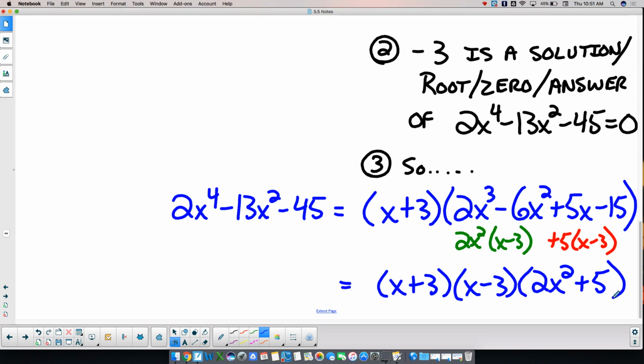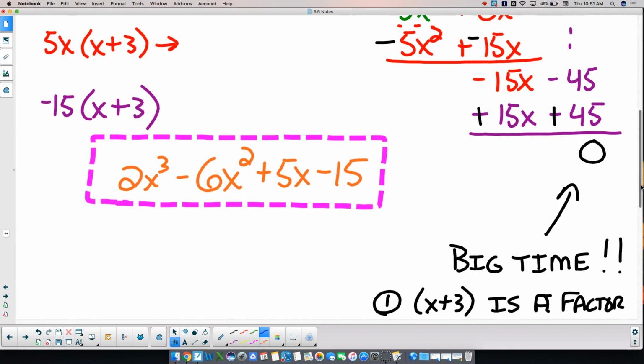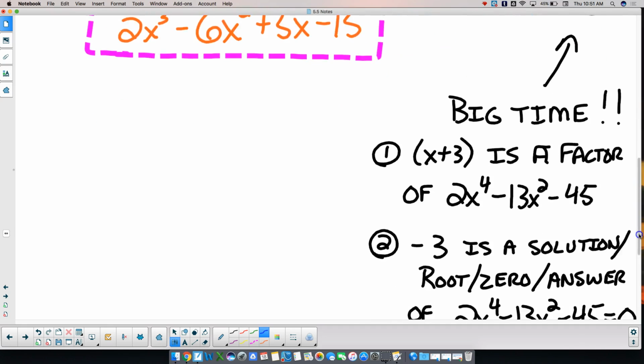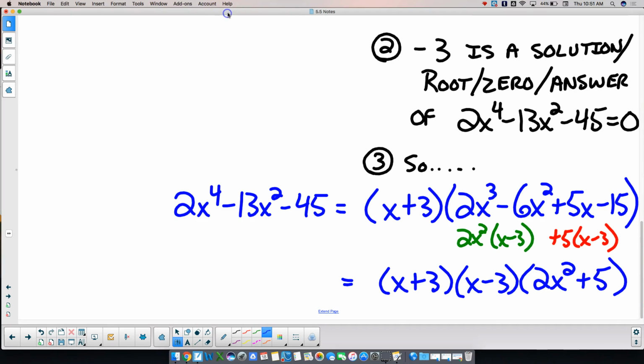If it just says divide the problem, like this one just said divide, then that's our answer. But if this problem said factor completely, then this blue line down here is my second bus stop. If it said solve, I could go one more step further and set those factors equal to 0 and get answers.